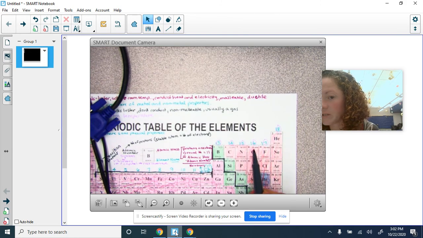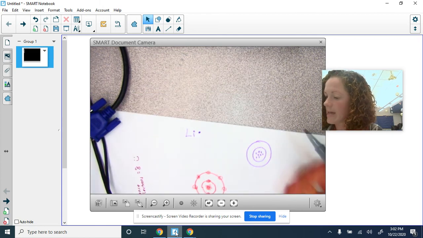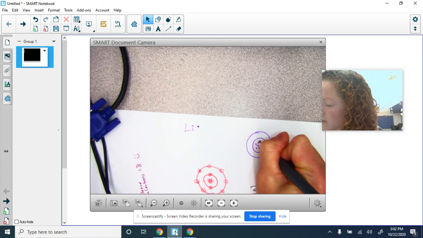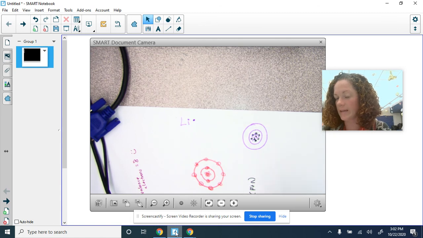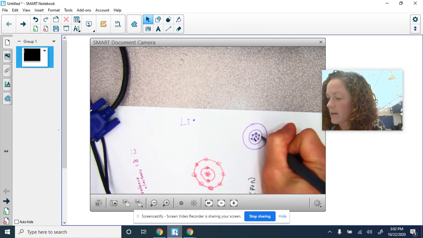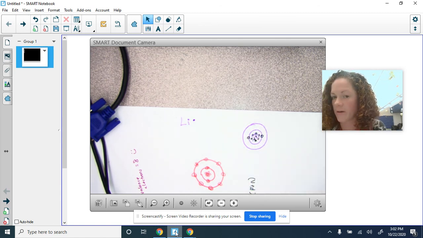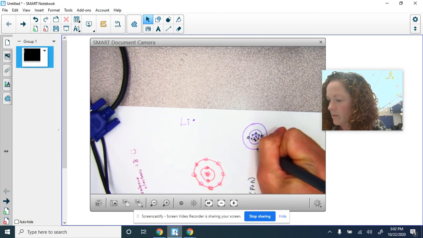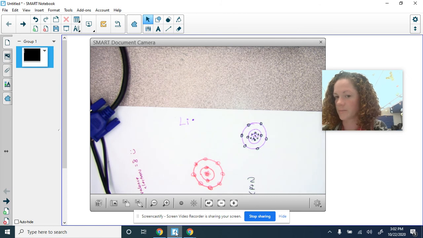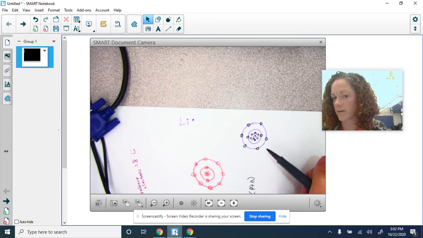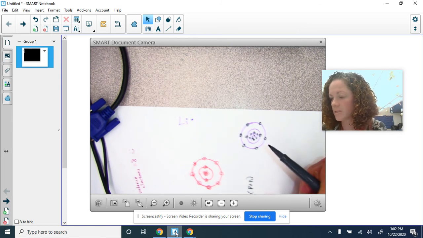I'd round up 15.999 to 16. So 16 minus 8 equals 8. So I have 8 neutrons: 1, 2, 3, 4, 5, 6, 7, 8. And then I also said that I have 8 electrons. Remember, 1, 2 on that first ring, 3, 4, 5, 6, 7, 8. So there would be 6 on the outside ring. So that would be my Bohr model of oxygen.